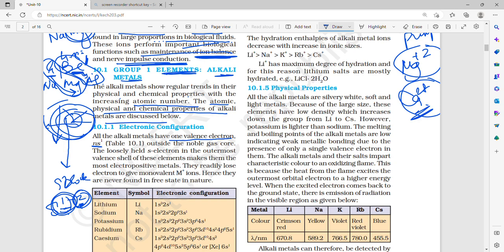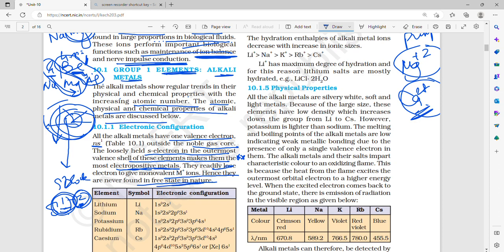So now we come to group 1 alkali metals which have one valence electron outside the noble gas core. The loosely held s electron in the outermost valence shell of these elements makes them the most electropositive metals. This is very important. They readily lose the electron to give monovalent M+ ions, hence they are never found in the free state in nature.